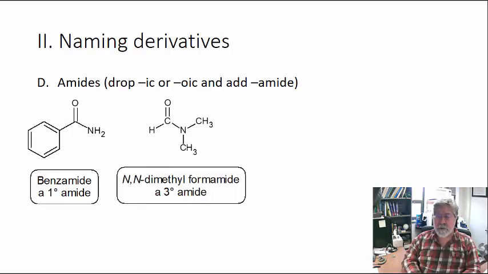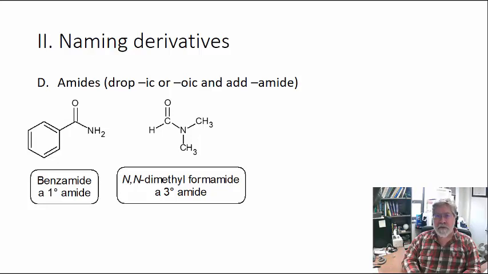The second structure comes from formic acid or methanoic acid if you don't remember that it's formic acid. And so formamide. If you didn't remember that, it's a single carbon acid, and you really need to remember that that is methanoic acid. Notice that in this particular case, the nitrogen has two methyl groups attached. So you have to formally say that. It is N,N-dimethylformamide.